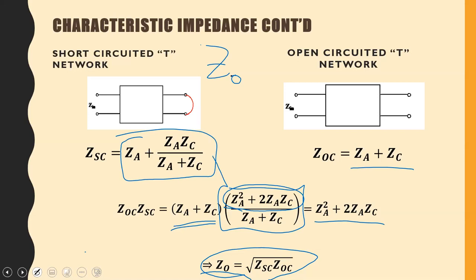How did I define iterative impedance? Iterative impedance value is dependent on which of the ports it is taken input or output. You're not writing the notes, man.